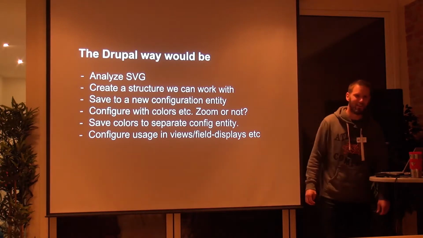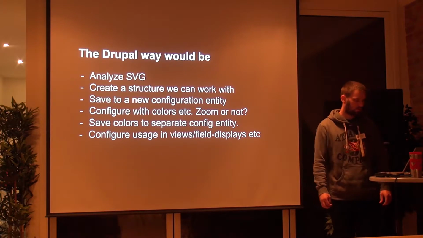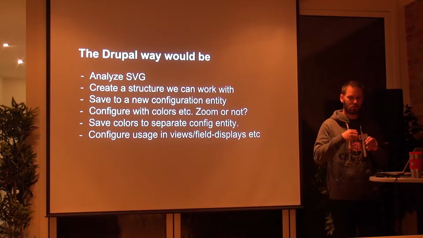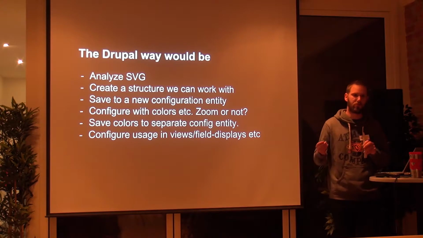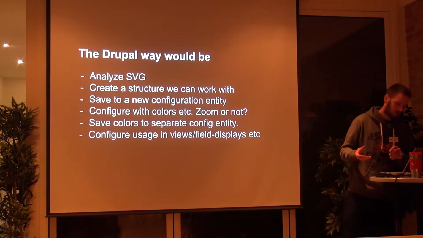Like Kevin said earlier, you can use the Drupal 8 configuration entity, and you can add colors, and you can add custom behaviors, and then execute the jQuery plugin on display with these settings.